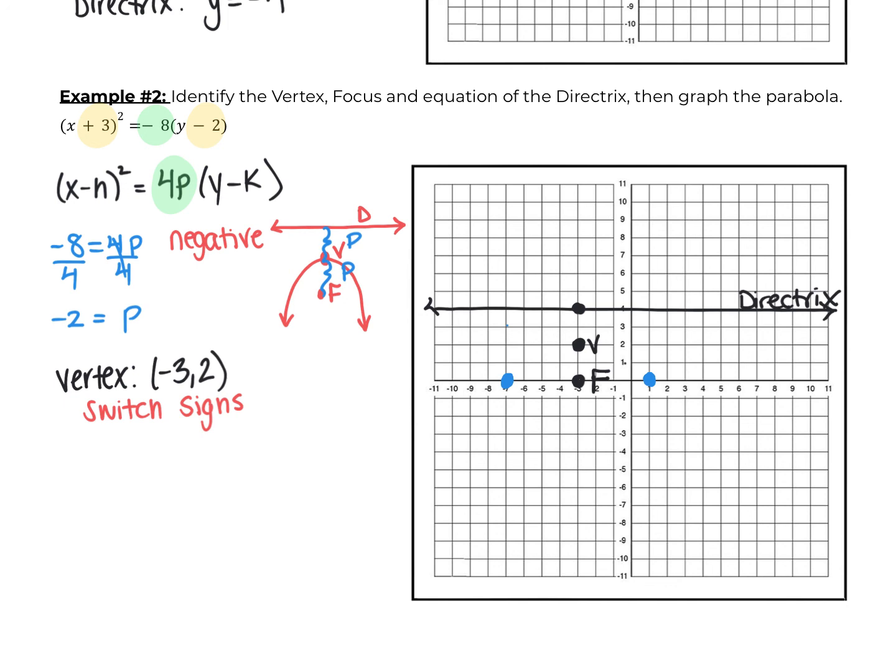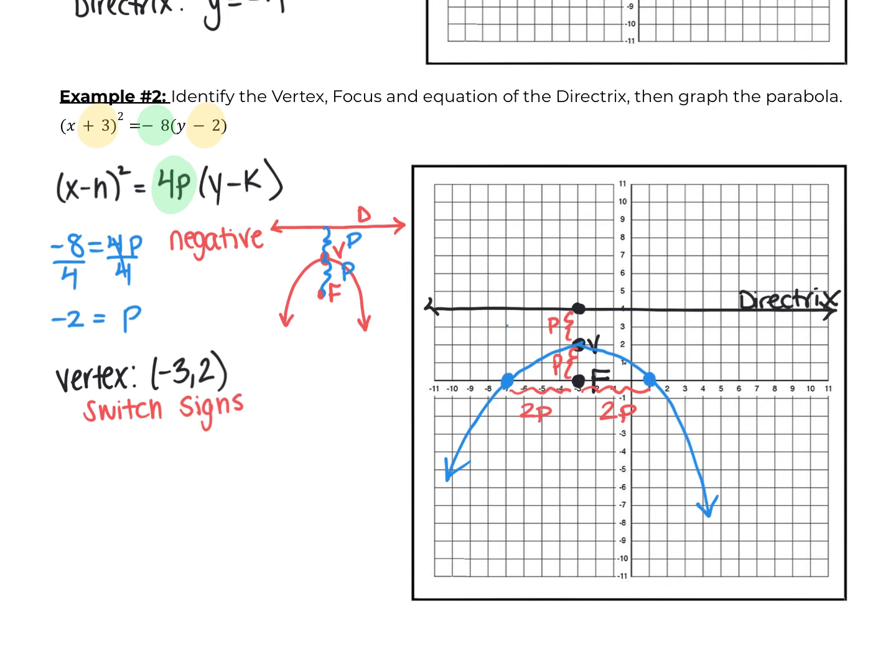And we can connect from my vertex, and that's the equation of my parabola. So again, this distance from here to here is 2p. This distance from here to here is 2p. This is your p, and this is your p. And that's my equation. So now we can answer the problem.